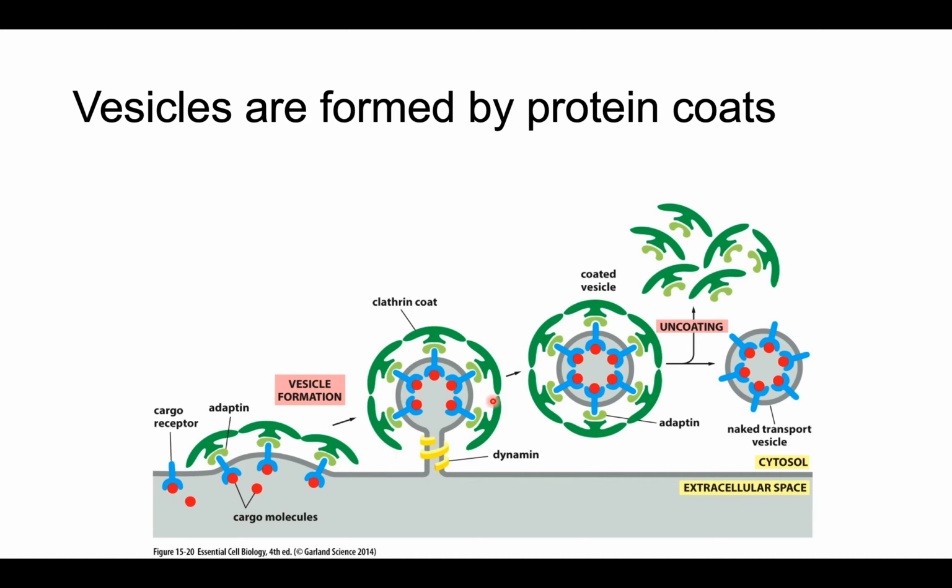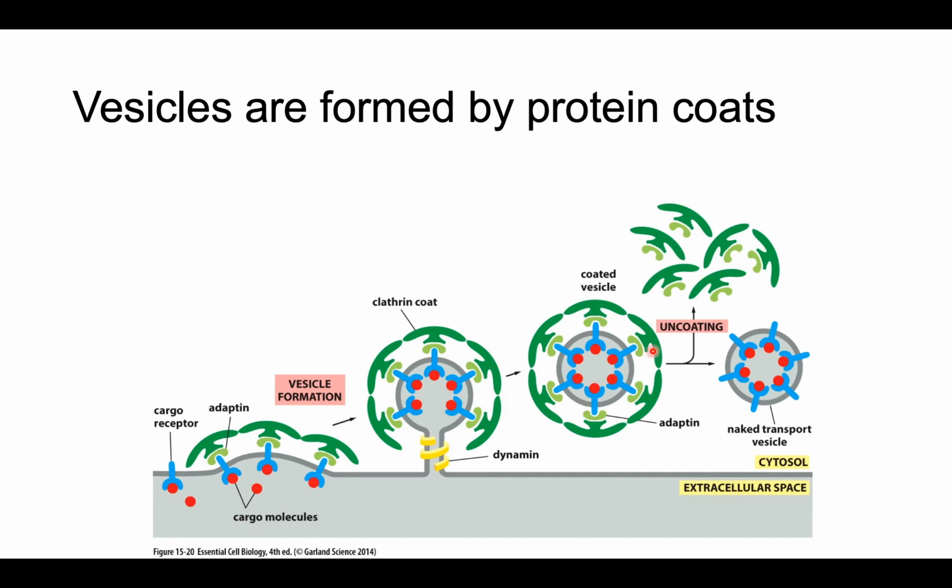Once we get to the point where we need to pinch off this vesicle, we have a protein called dynamin that's going to come in, and its shape helps encourage the budding off, the split of this membrane right here. So the clathrin coat encourages vesicle formation. Dynamin comes in and helps pinch that vesicle off from the rest of the membrane.